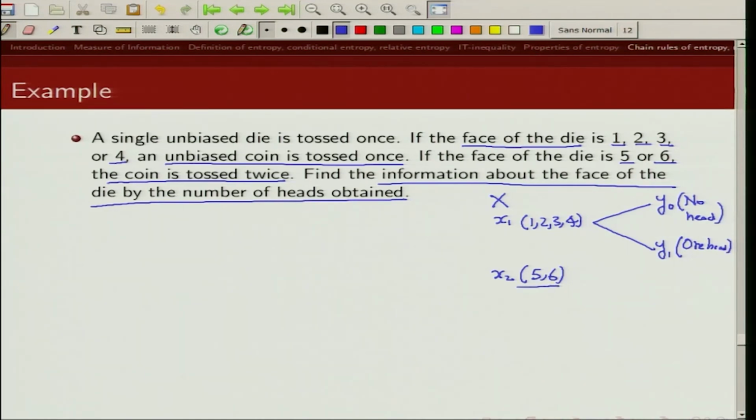Now what am I doing when I am getting 5 or 6? I am tossing the coin twice. So what are the possible outcomes as far as heads are concerned? I can get no head, meaning in none of those two tries I got a head, or I can get one head, or I can get two heads.